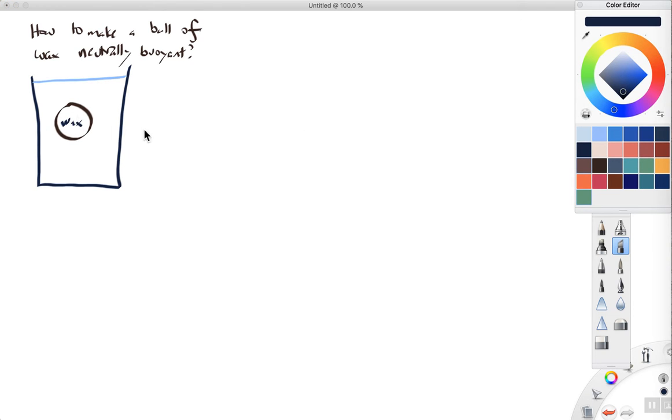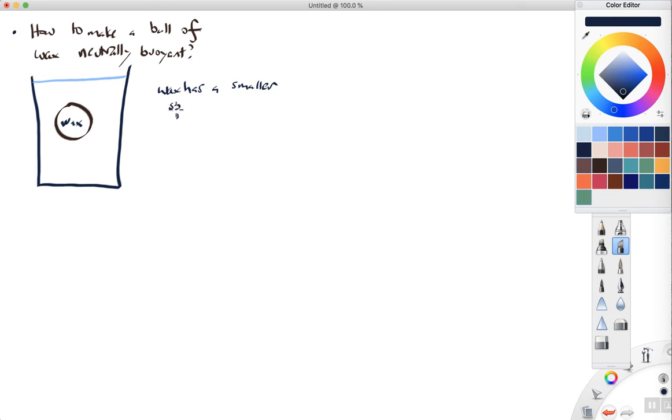Because wax has a lower specific gravity or lower density than water, the wax will tend to rise. But Galileo says one thing that you can do in order to make it stay neutrally buoyant, that is, wherever you put it in the water it stays there, is to press tiny grains of sand into the ball of wax.